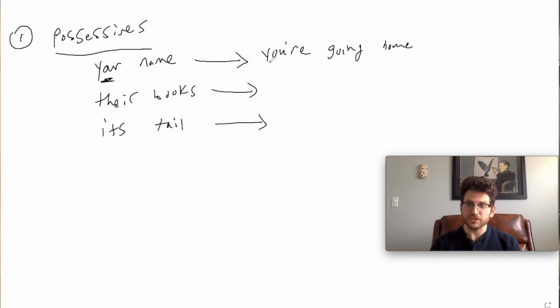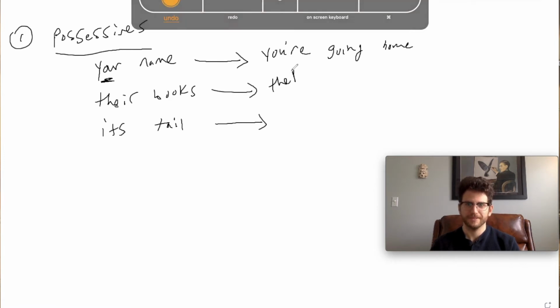I still see this a lot in student writing, and even in writing that is published online somewhere. I still see these kinds of mistakes. Same thing with their. T-H-E-I-R is the possessive pronoun, but it also has its homophone.